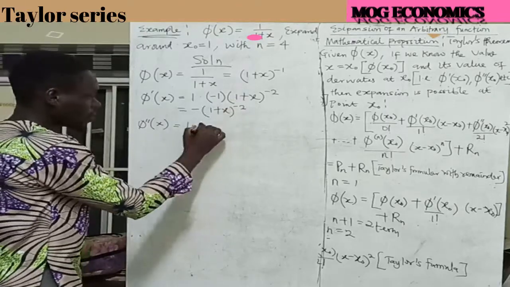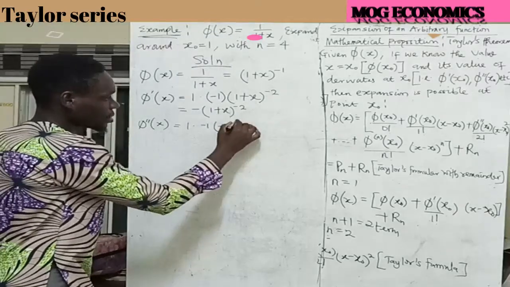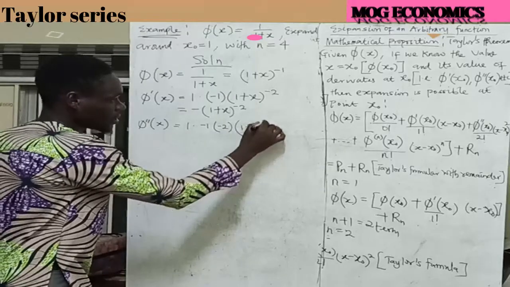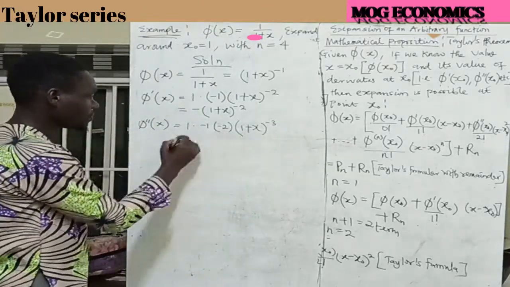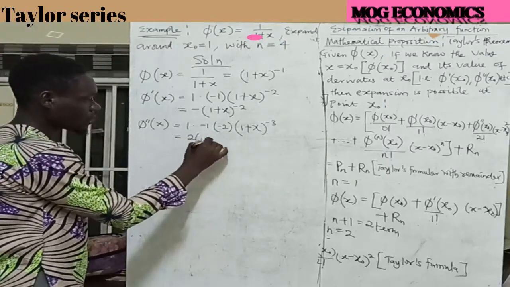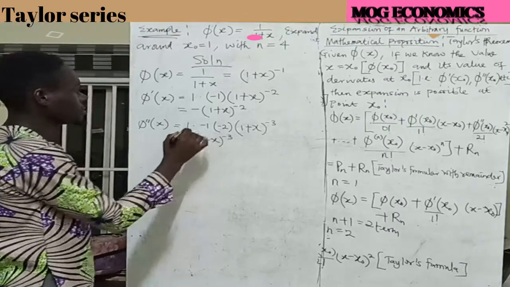Then this comes forward, we have minus 1, minus 2. Then the original function, the original entity, which is this. Then here we have 2 in bracket 1 plus x raised to the power of minus 3.